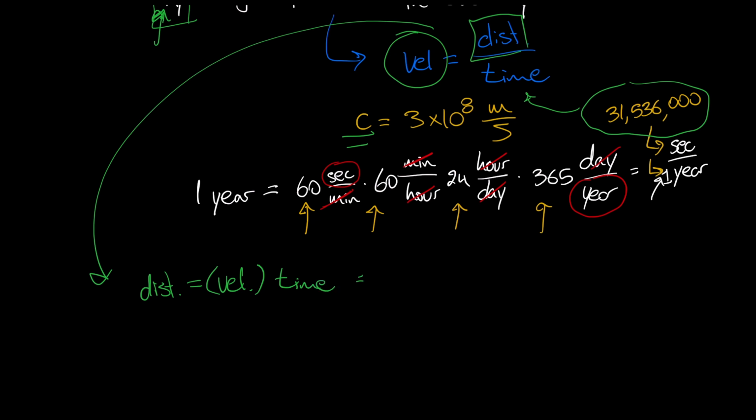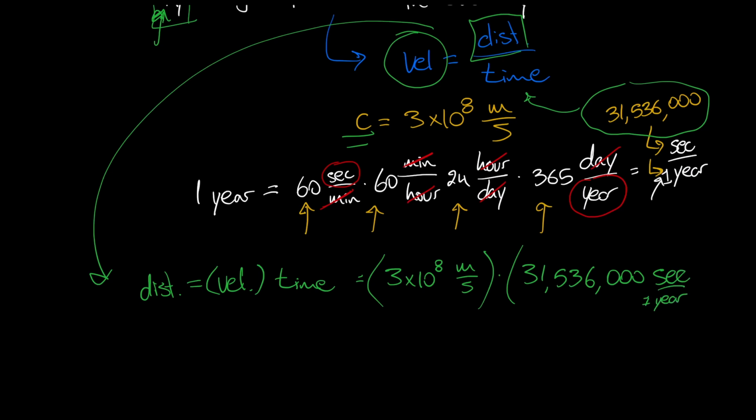So this equals 3 times 10 to the 8 meters per second. That is the velocity of light. We multiply this by 31,536,000. This is seconds per 1 year.